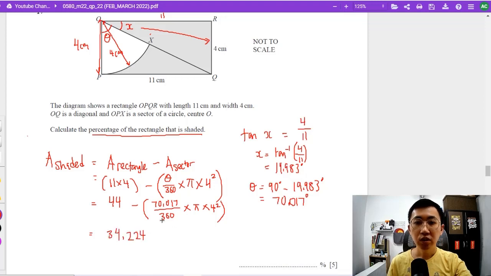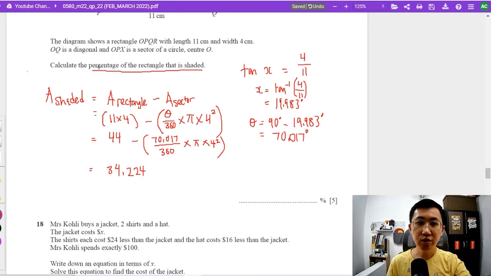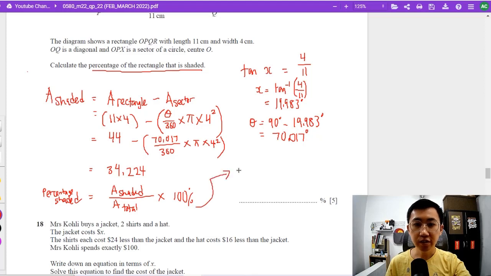Now we are going to find the percentage shaded, which is your area of shaded over your total area times 100%. Almost there, guys.